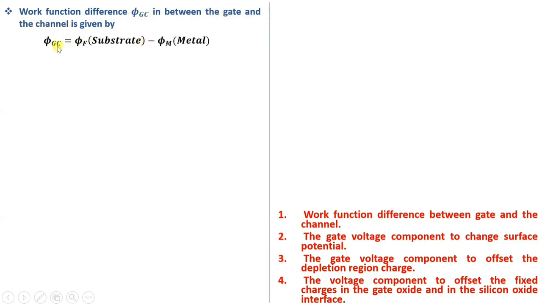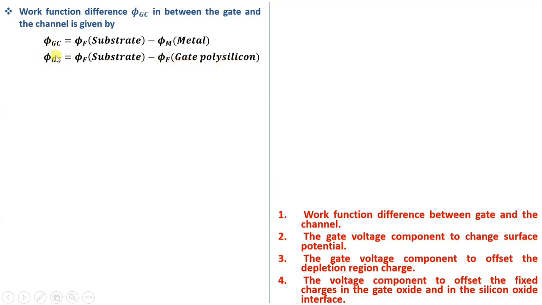If you have a gate which is made up of metal, then work function difference phi GC, that is phi F for substrate minus phi of metal. And if you have fabrication of MOSFET by polysilicon layer, then this work function difference will be phi F of substrate minus phi F of gate silicon.